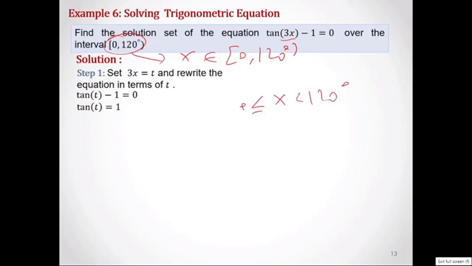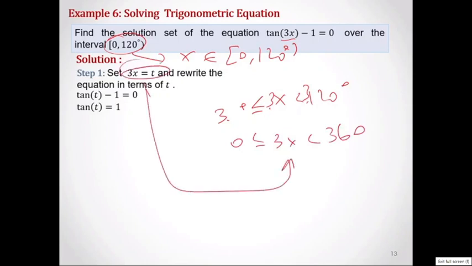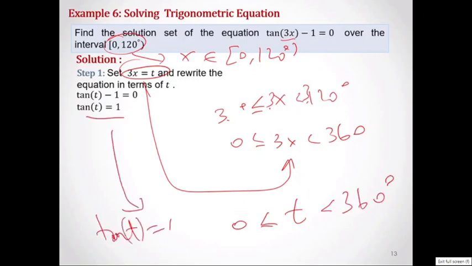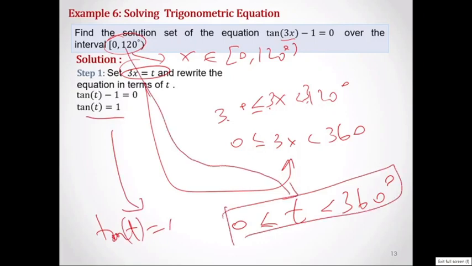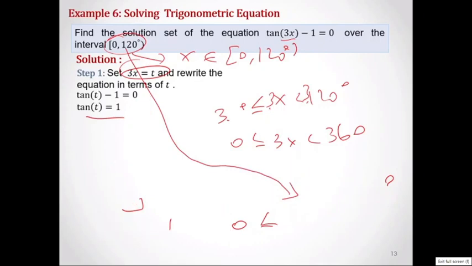So you multiply both sides by 3, and it will be 0, 3x, 360. Now 3x is t, so you change this to t. So the equation changes to tangent t equal to 1. And this interval condition says t is between 0 and 360.